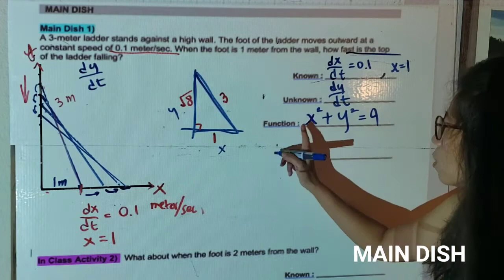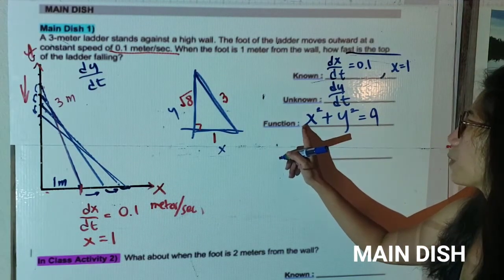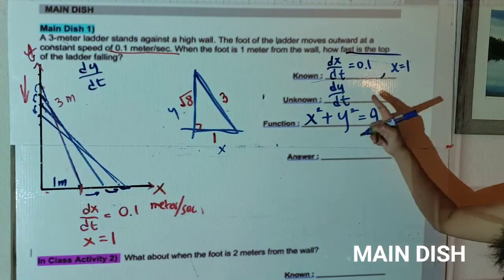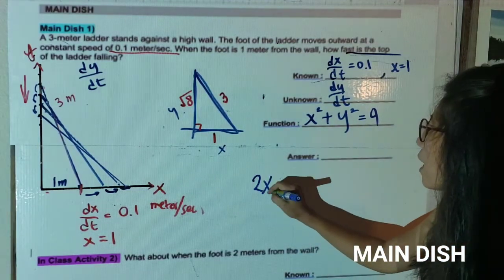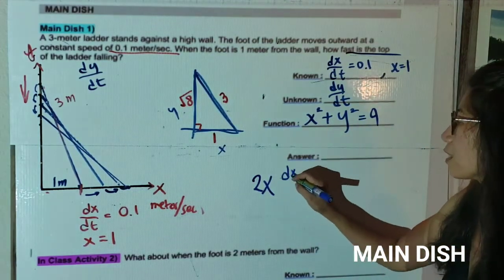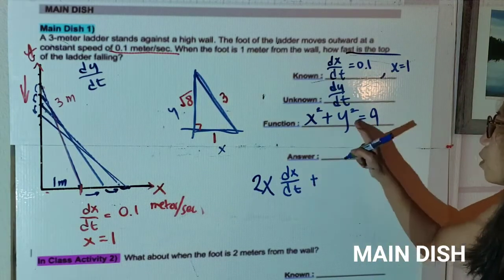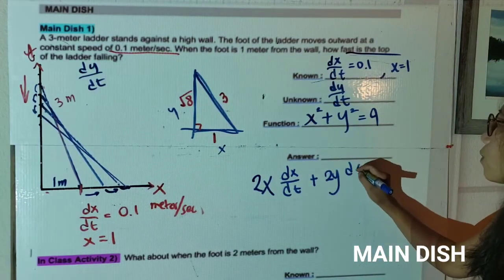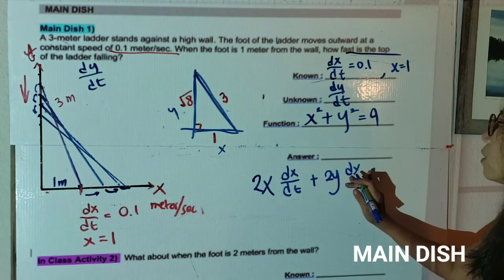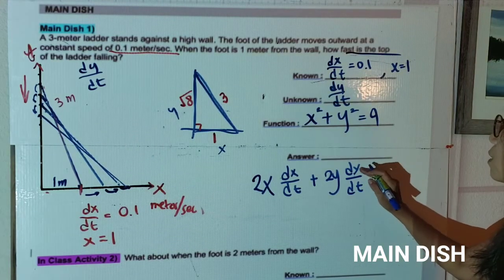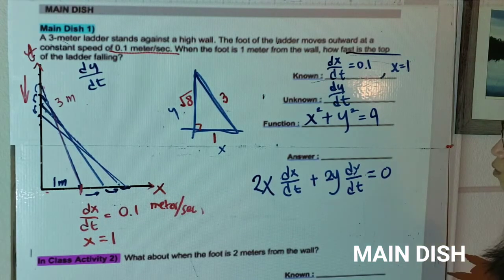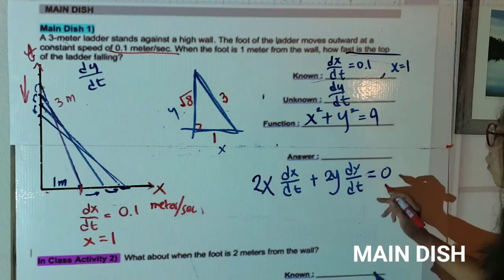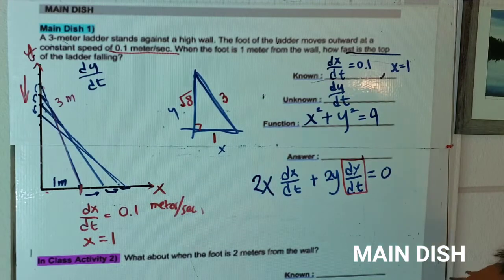Then what I need to do, let's take a derivative with respect to t, because I want to find dy/dt. So I'm getting here 2x times the derivative dx/dt plus 2y times the derivative, I also take a derivative of y, so dy/dt, equal to 0. So one by one, let's plug in. All I need to solve for is dy/dt.